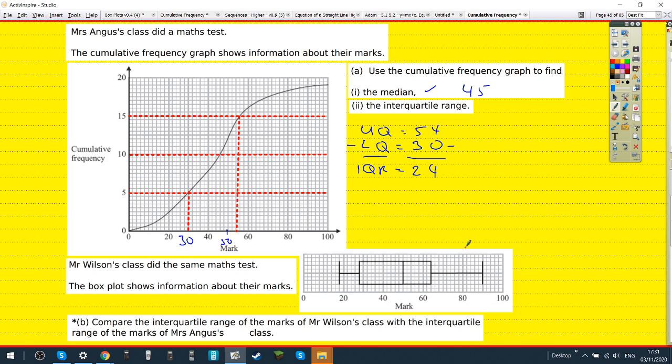I think it's 50. So the median is 50 marks. This one here is the upper quartile, and this one here is the lower quartile. Okay, I think I remember it now.